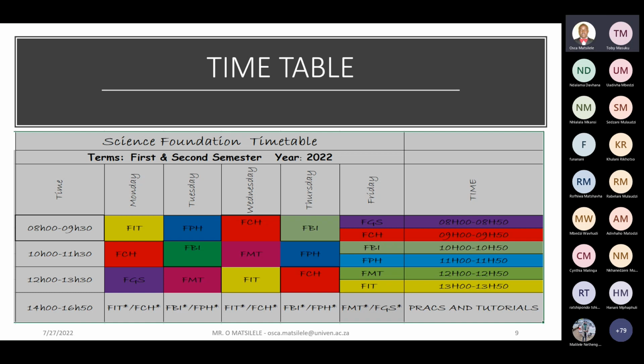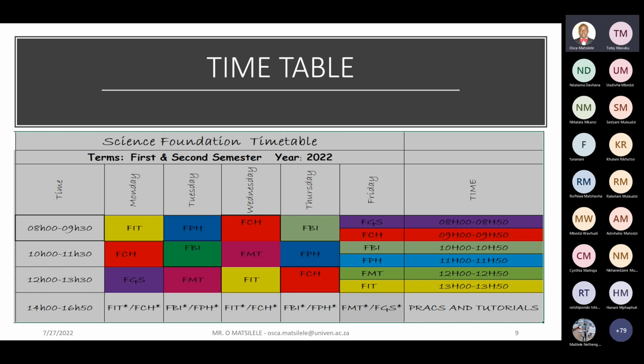Because our class has to be practical and interactive, from Monday, let's say it's group A which is attending. On Monday, it's only group A who will come to the class.